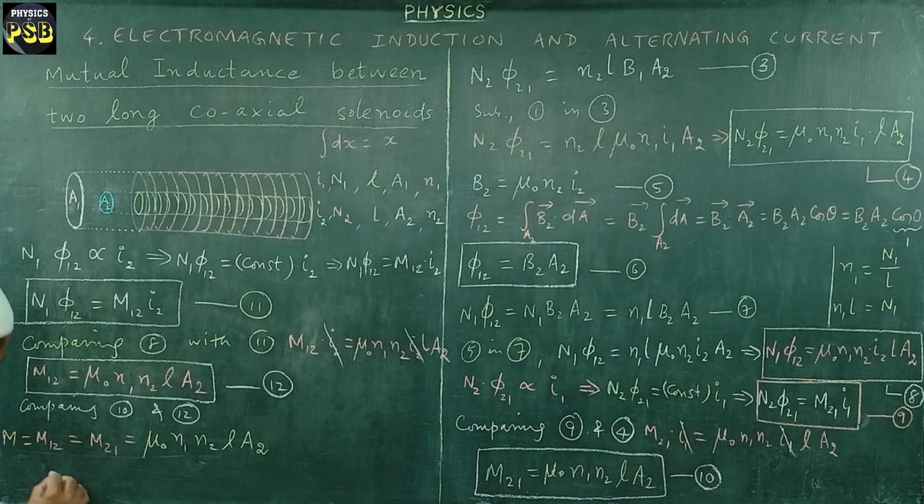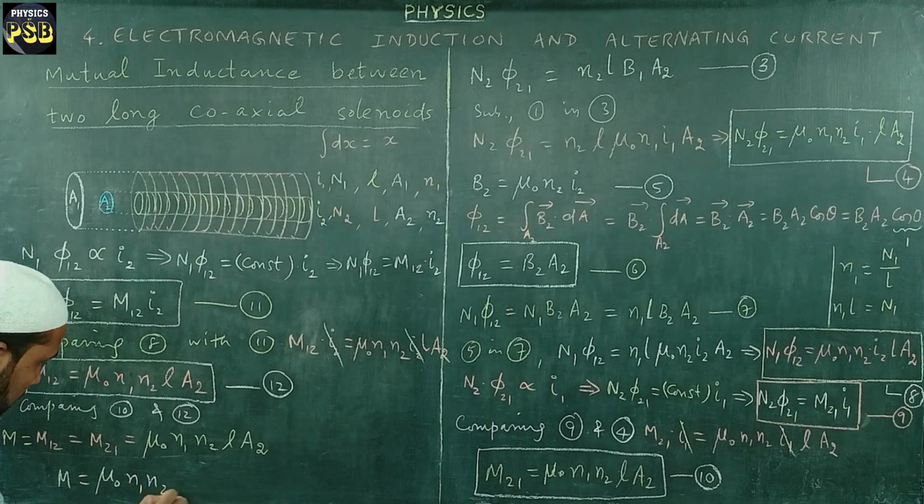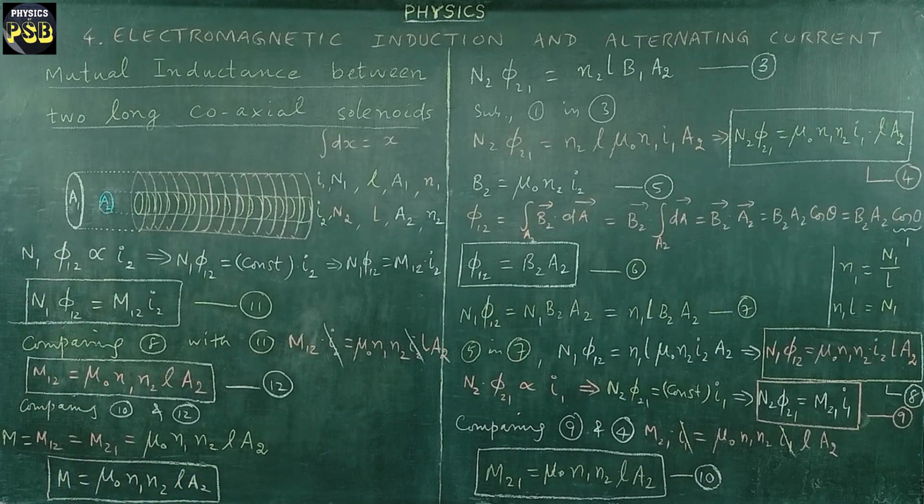So at the end, I write this as M equals mu naught multiplied with N1 N2 A2 upon L. Okay. This is the final expression which provides us the value of mutual inductance between these two solenoids placed on a common axis, one inside the other.